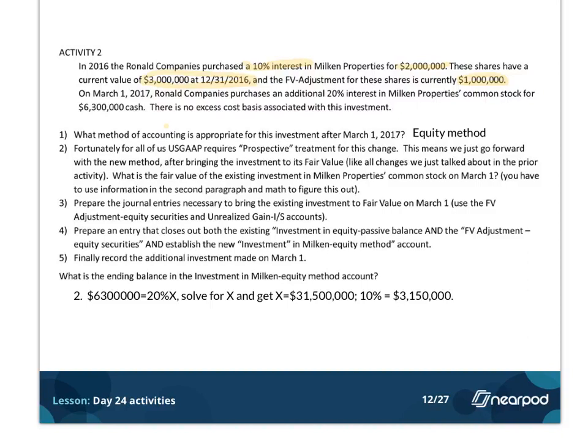Right? So that's just 10% of that number. 10% gives me this number, okay? So this is the answer, 3,150,000. You know, the other way that you could have gotten there, you might, when I show you this, you might go, oh, okay, that's a lot easier. Let's see. Trying to figure out how to get to it.